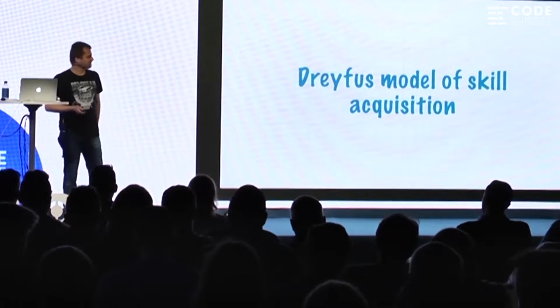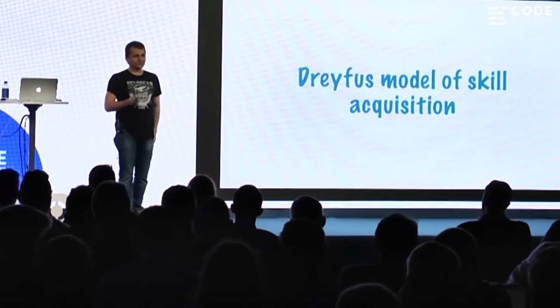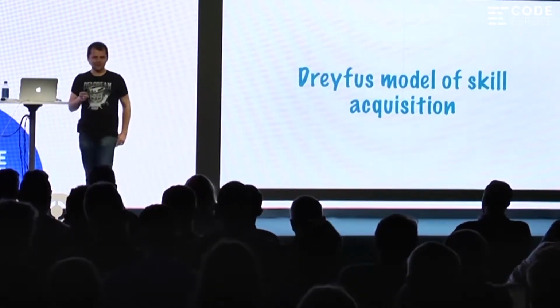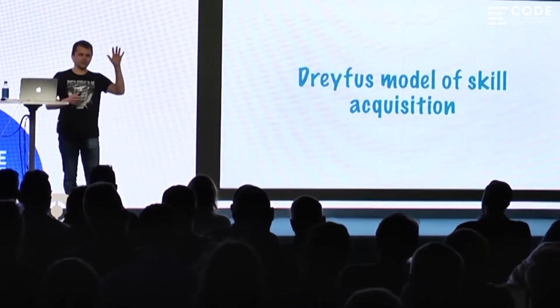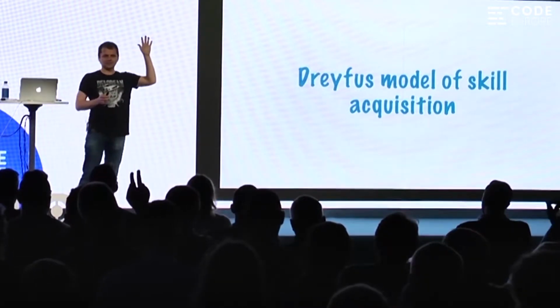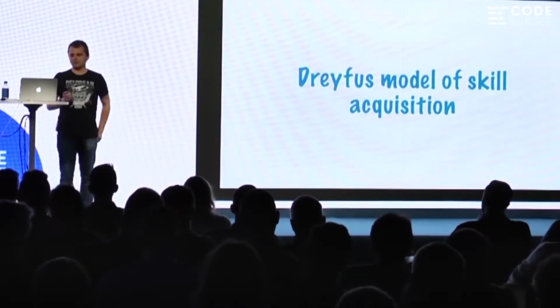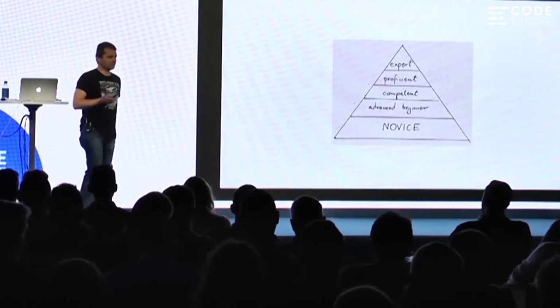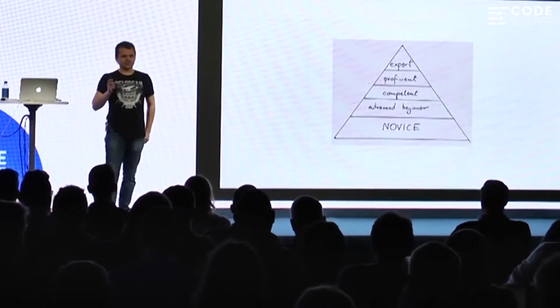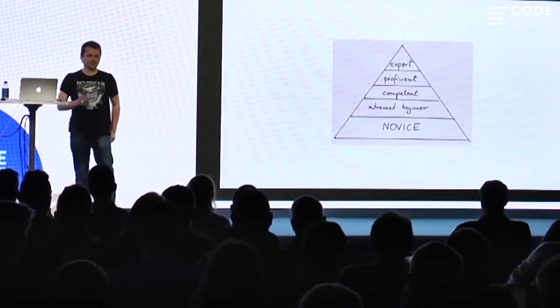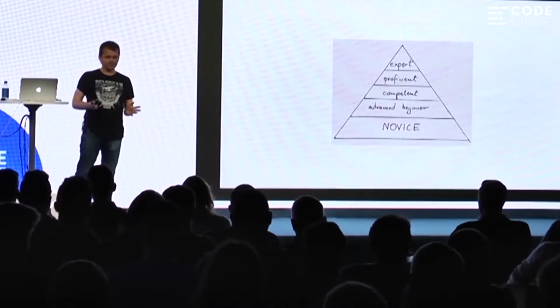Okay, so let's start with the Dreyfus model of skill acquisition, because "novice" actually came from this model. Who heard about this model? Yeah, a bunch of people, but most of you seem not to. The quick version is that when you want to learn a new skill, whatever that is, you start as a novice, like you have no idea what you're doing.